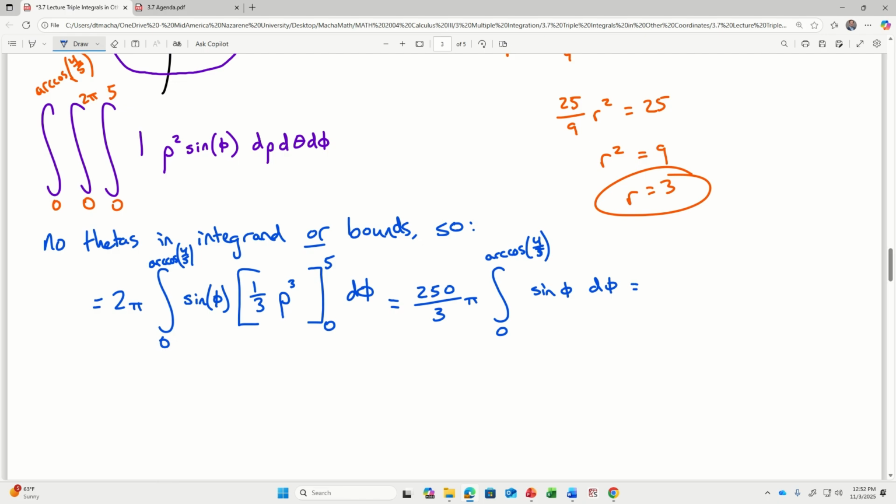What's the antiderivative of sine? Negative cosine. Lower bound 0, upper bound arc cosine of 4/5.